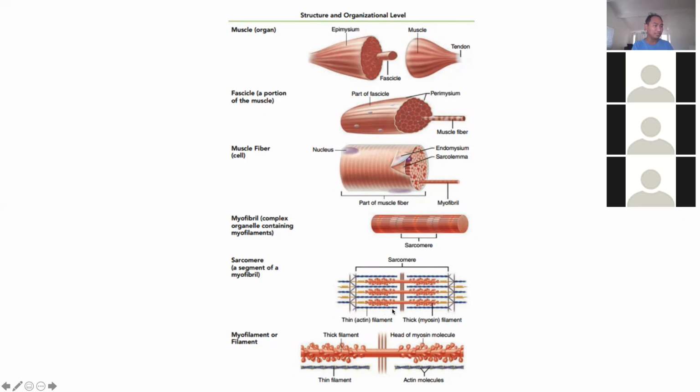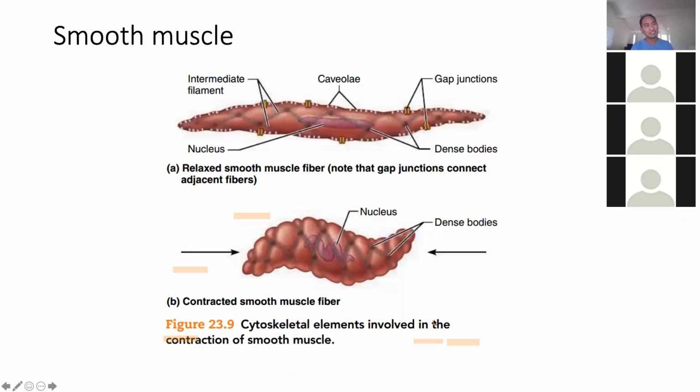The thin filament actin is attached to the Z disc. So the same thing, this Z disc equivalent, which is the dense body, will be acting as a Z disc, and then they will stay there, and this intermediate filament, look at that, will just squash like an accordion, together, and make the smooth muscle cell short.